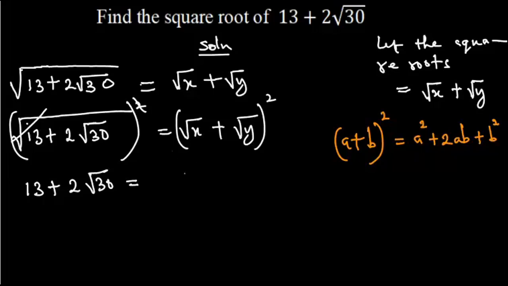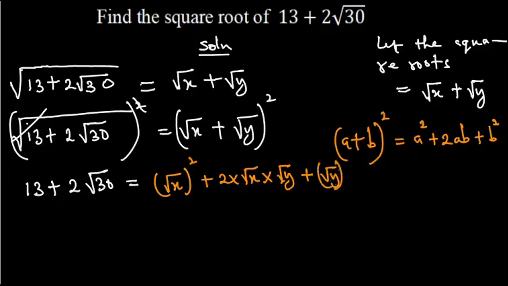In this case, my a here means the root of x, and we square it now, plus twice a and b. Now a and b here mean root x and root y, so 2 times root x and root y, and then lastly, we square our b term, which is root y.